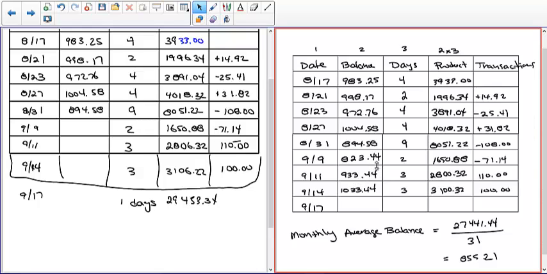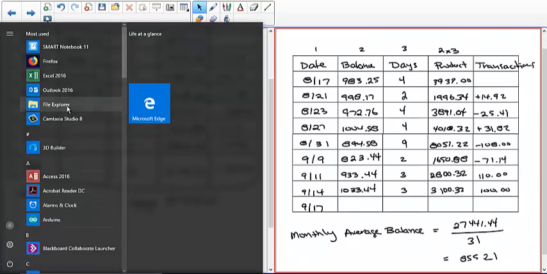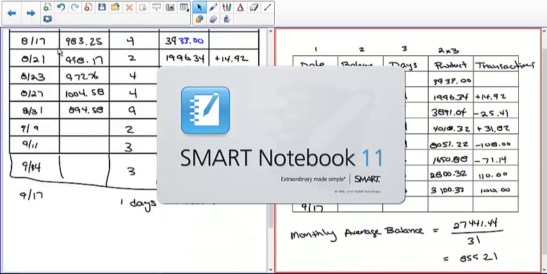Let me just check here. Unfortunately, I erased what I had. Let me open up another version. I did that on purpose to show you it's easy to make mistakes, so you've got to double check. You've got to use your common sense, which in this case tells me something's wrong.